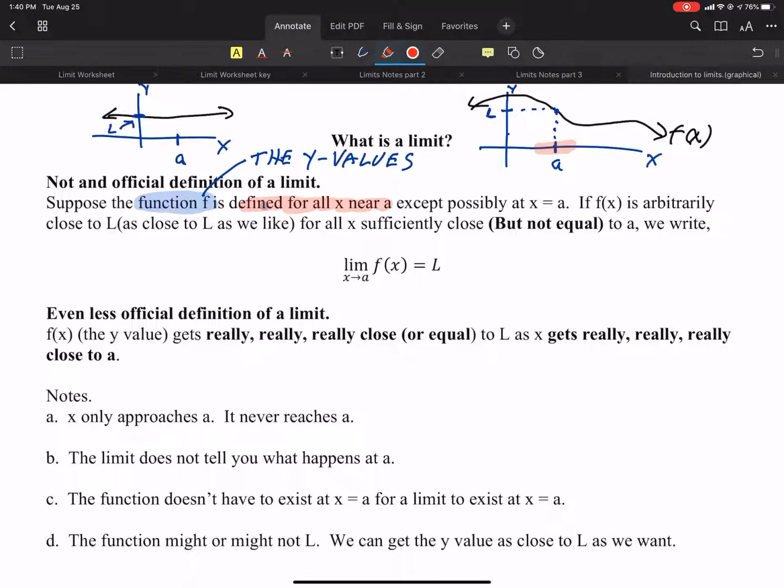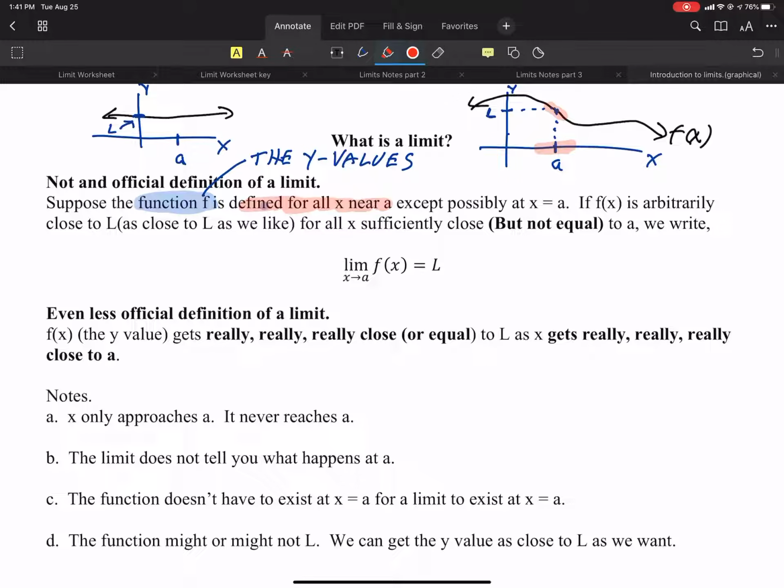So the function doesn't have to exist, but I'm going to highlight here. These are values of x near a on the function. So x is the horizontal axis, the y's are the vertical axis. So the function must exist near a, but not necessarily at a.